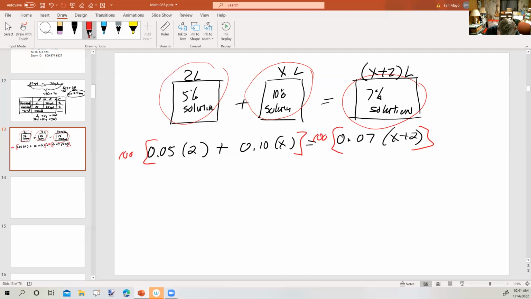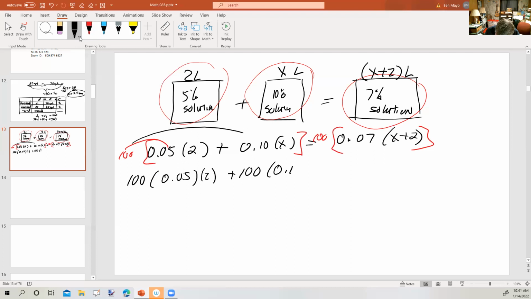So distributing, I get 100 times 0.05 times 2 plus 100 times 0.10 times X equals 100 times 0.07 times X plus 2.